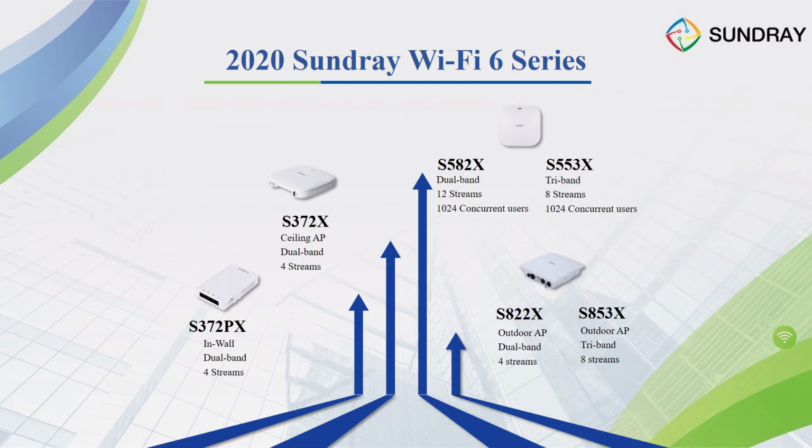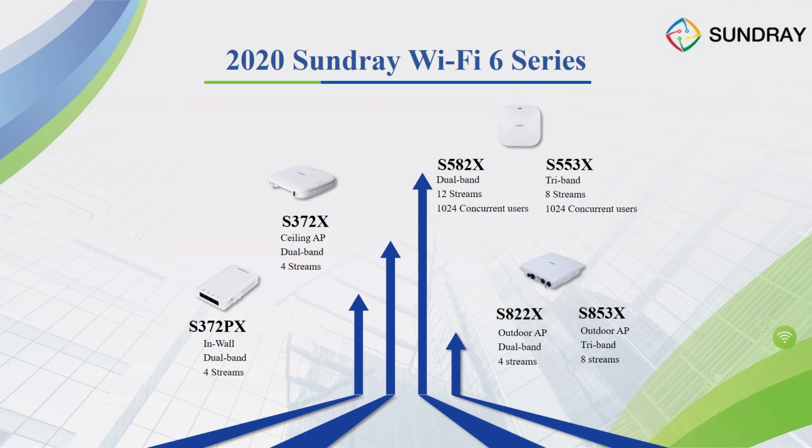Okay, so that is the four advantages of Wi-Fi 6. Now let's see our products. For the Sundray, this year we will release Wi-Fi 6 products for all scenarios. We have the EWR APs, we have the Sally APs. You can see the 4x4, 4 stream.